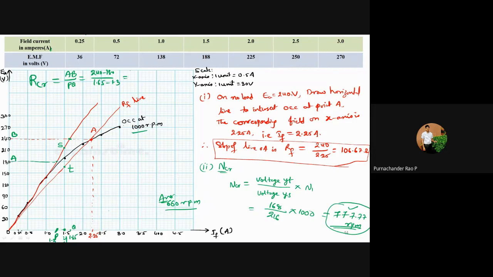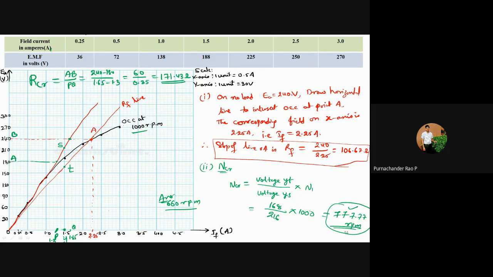So this is 60 divided by 0.35. How much is the value? This is 60 divided by 0.35, so your value is going to be 171.43 ohms. So this is your critical field resistance.